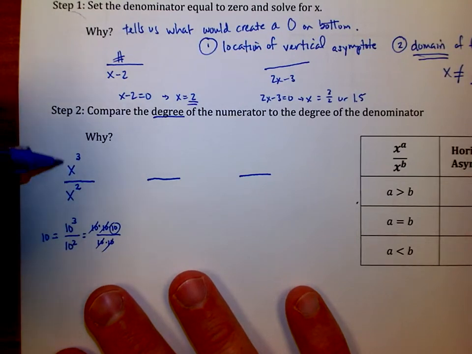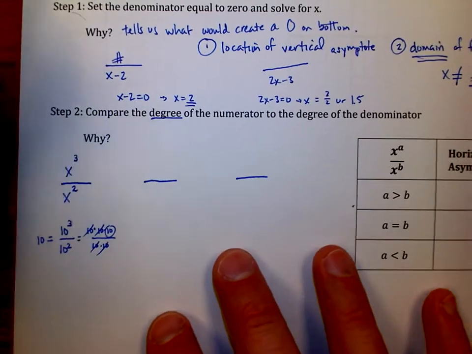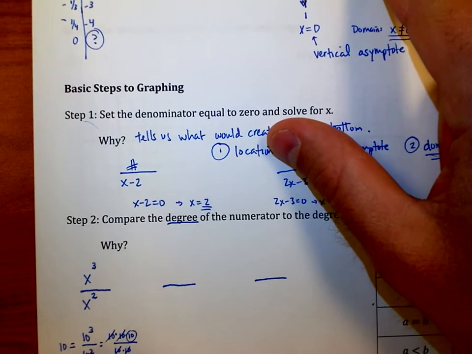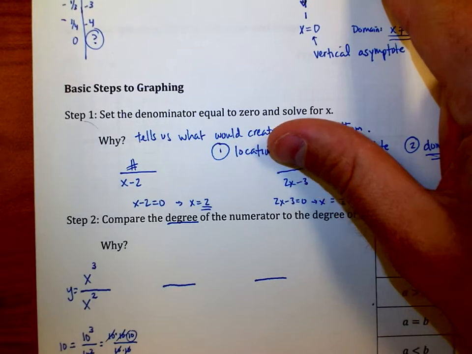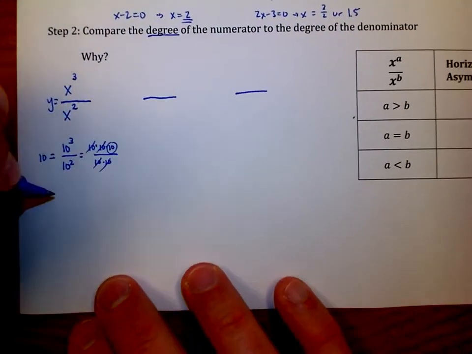So if this was my equation here, and I wanted to plot some points and graph it out, if I put in the x coordinate of 10, so I'm talking all the way out here, 10 is going to be the location of my coordinate. So if it's y equals x squared, I put a 10 in for x, I get 10 for y. But what happens if I put 100?